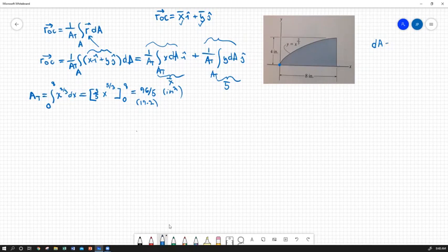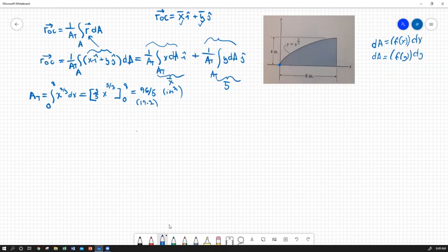I can either define it as a function of x dx, so that's differential width in the x and some height in the y, or I can define it as some function of y dy.